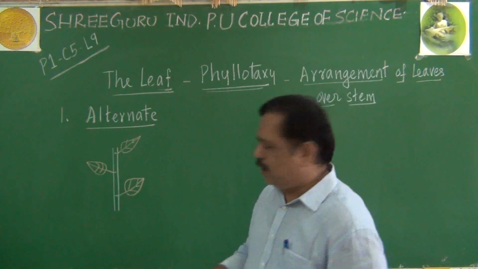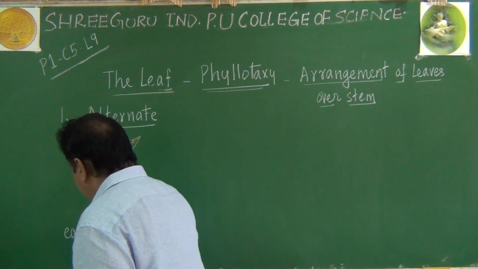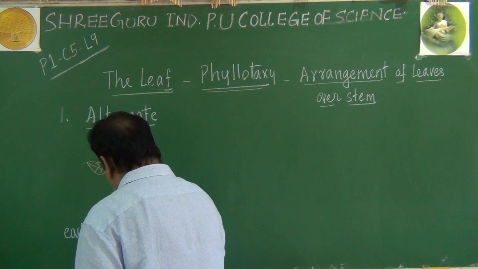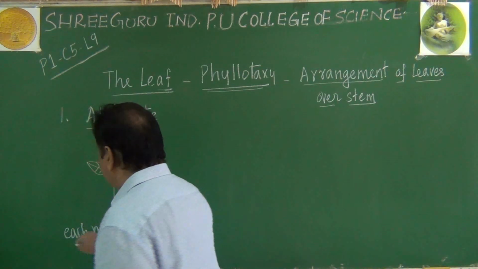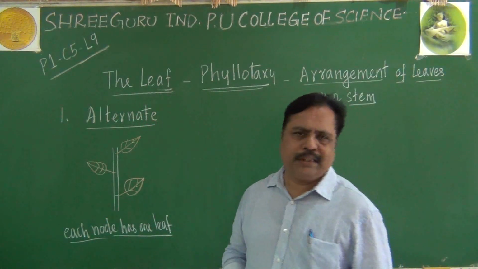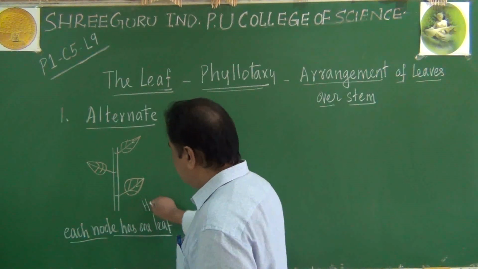Do you get this point? Each node has one leaf. This is called alternate phyllotaxy. Very simple in our day-to-day life.